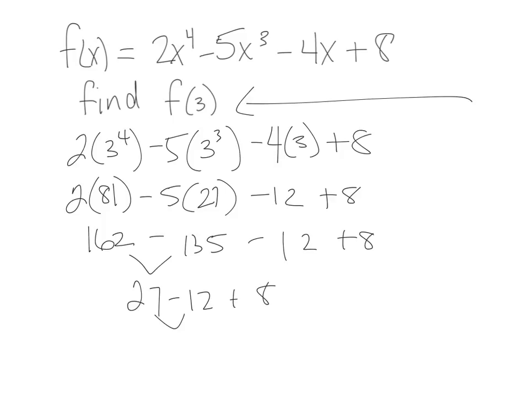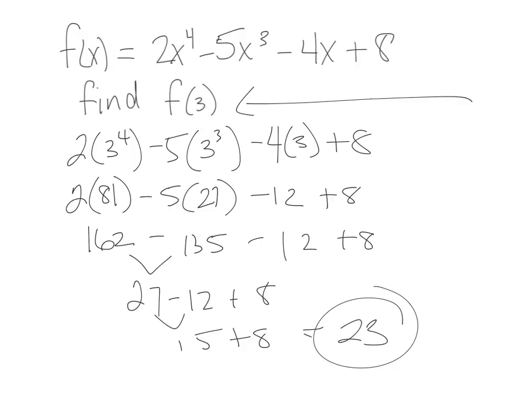All right, 27 minus 12, I think that'll be 15, plus 8 gives us 23. So, how do you find f of 3? Well, to use direct substitution, you just plug it in and evaluate. All right, I did it all in my head. Calculators are fun for that stuff too.